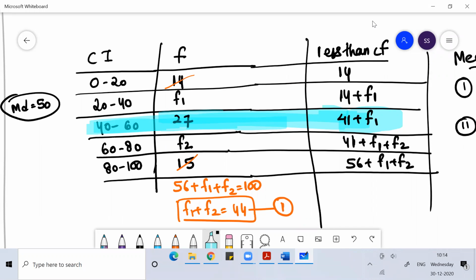Because your median is 50, you can only get the value 50 if your required class interval is 40 to 60. Then only you can get the median as 50.